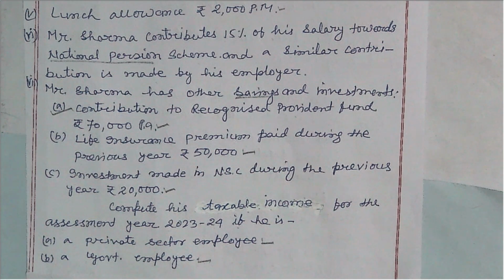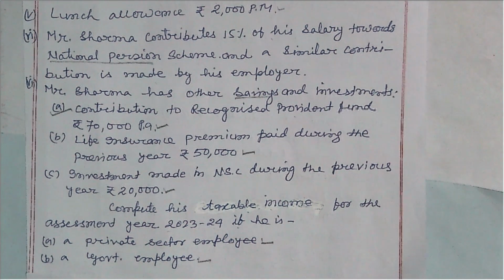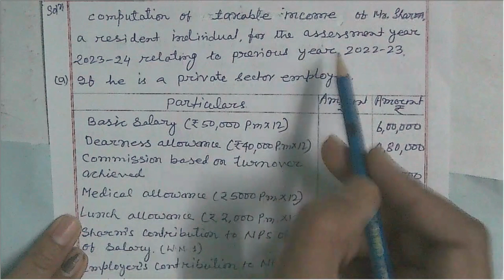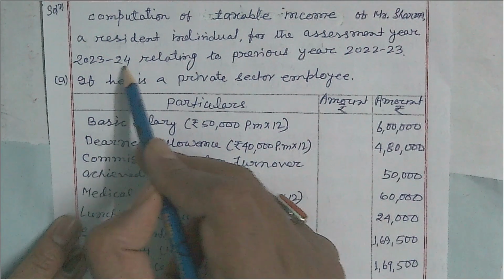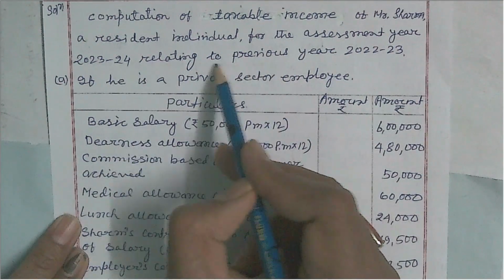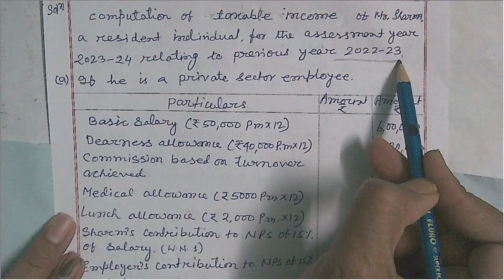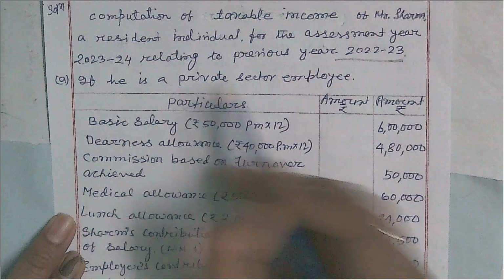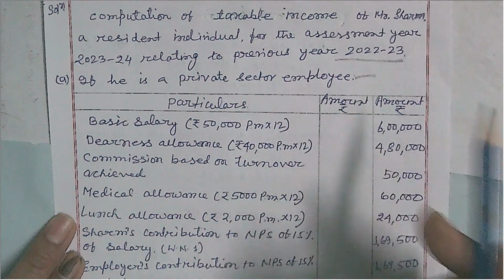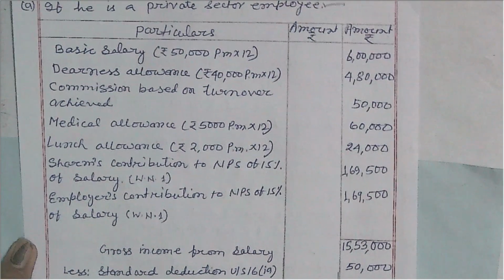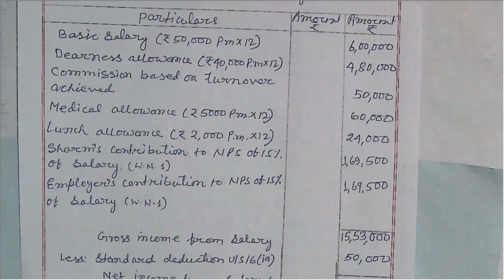Now step by step, here is the solution. Computation of taxable income of Mr. Sharma, a resident individual, for the assessment year 2023-24 relating to previous year 2022-23. It is given in the question that if he is a private sector employee, what will be his taxable income.